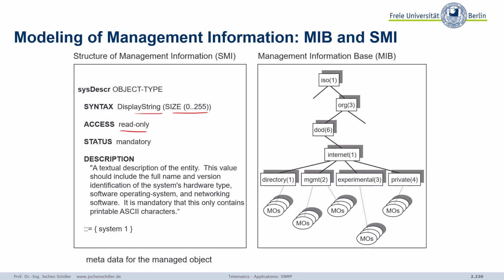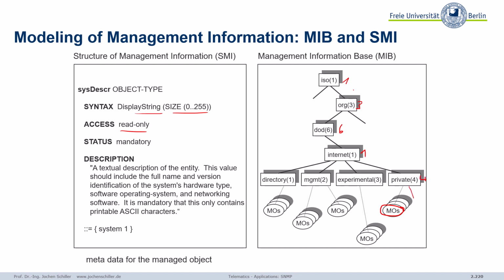And then this managed object is maybe deep down here. So, for example, if we want to find our university, it was this: 1.3.6.1.4.